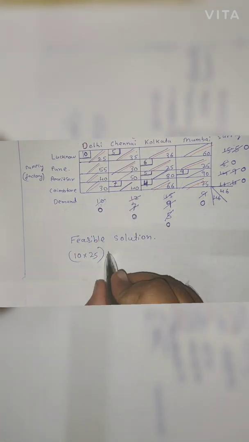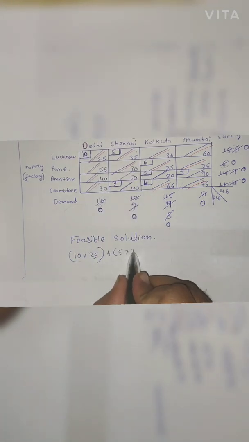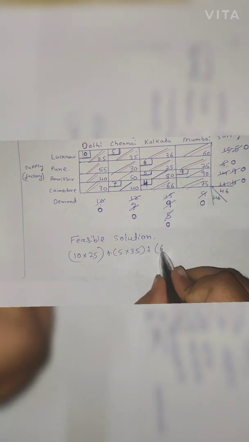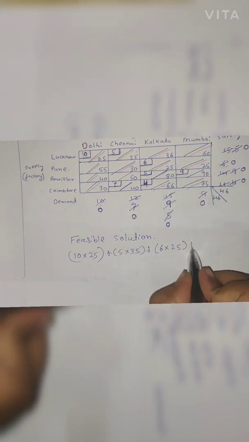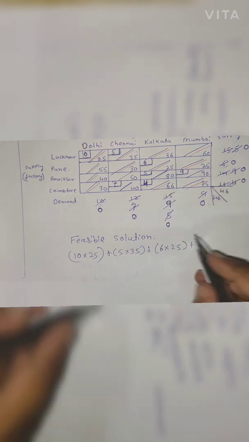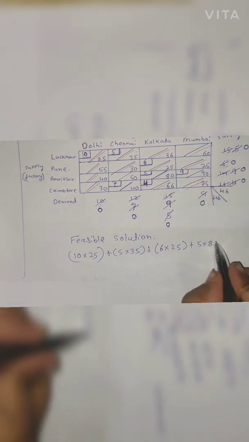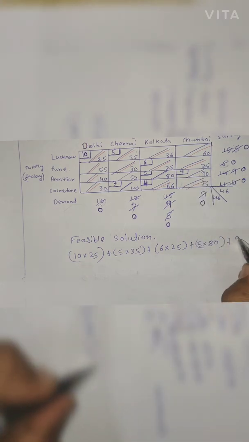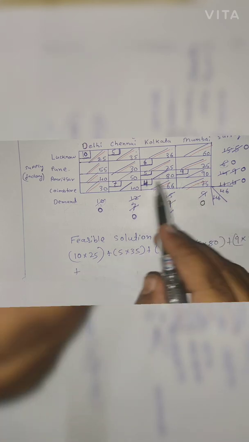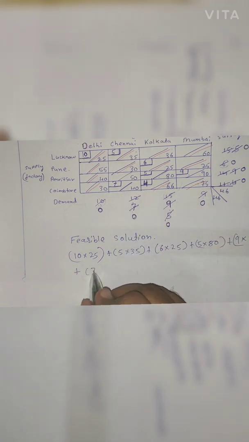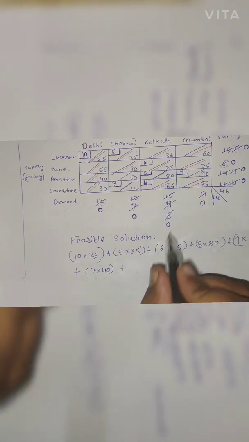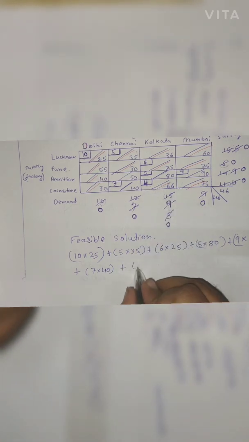Then 5 into 35 plus 6 into 25 plus 5 into 80 plus 9 into 90 plus 7 into 40 plus 4 into 66.